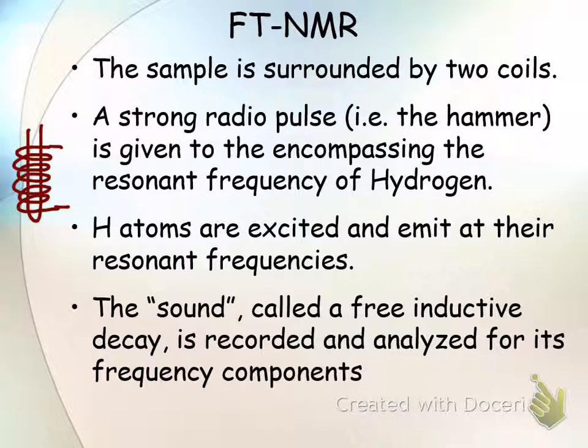That is both the radio transmitter coil, the hammer, the pulse, and also the radio receiver coil. When you hit the sample, we don't usually start recording for a couple of seconds because there's too much noise from the molecule basically complaining about you hitting it with a hammer. When it's done complaining, then it resonates.